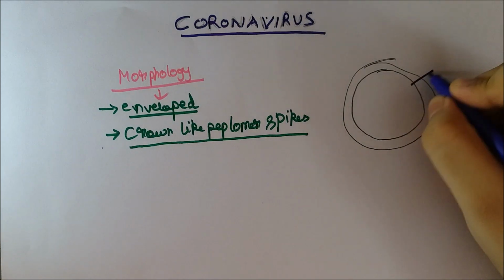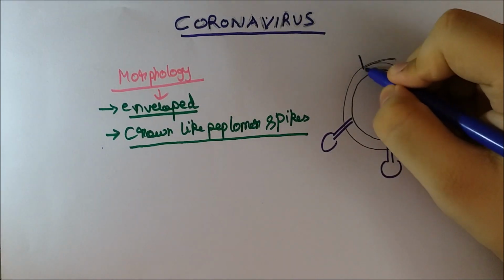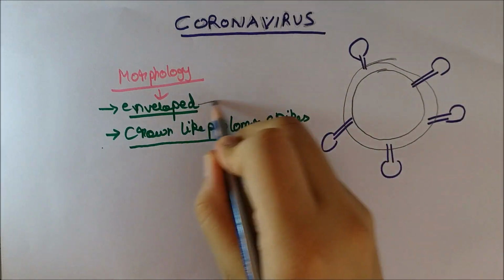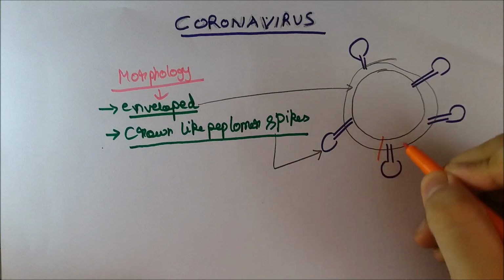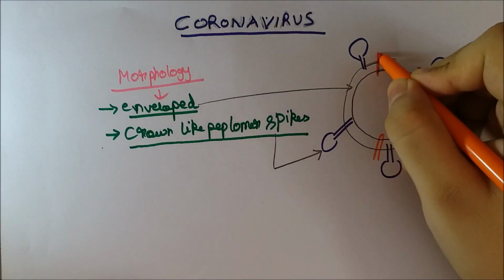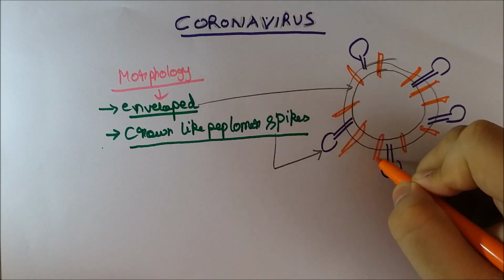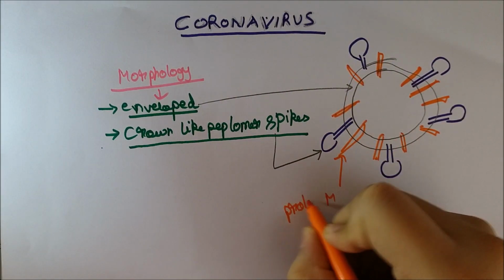Suppose this is the envelope which contains the crown-like spike proteins, and which are guarded on either side by certain proteins called M protein, M as it stands for membrane proteins.